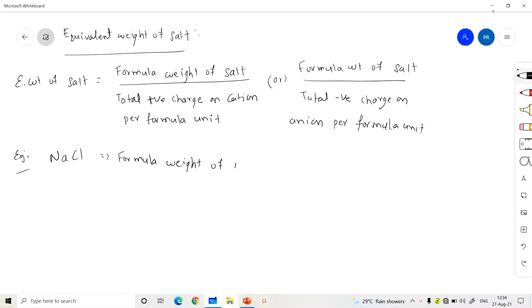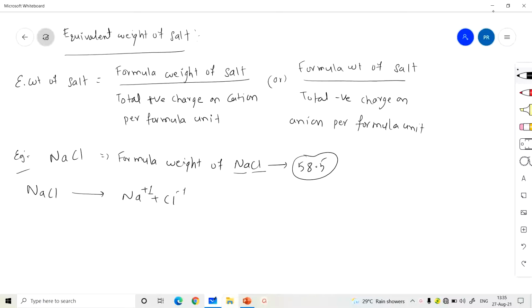Formula weight of sodium chloride is 58.5. So sodium 23, chlorine 35.5, total 58.5. Next, very important thing, NaCl dissociates as Na+ and Cl-.